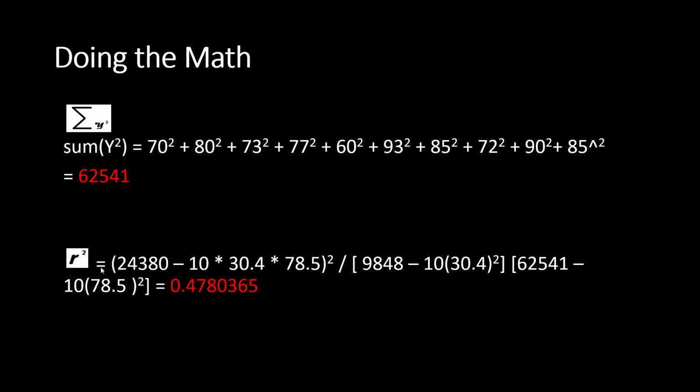And then this is how the R squared value, or coefficient of determination, is derived. As you can see, you have to put the sigma y squared value in as a component to derive the coefficient of determination, or R squared.